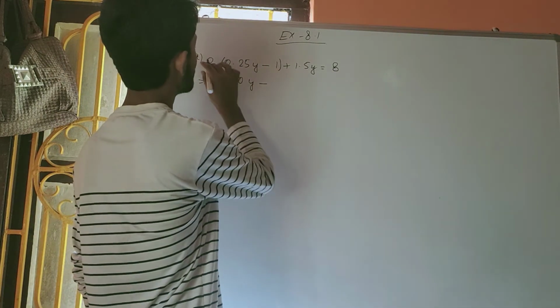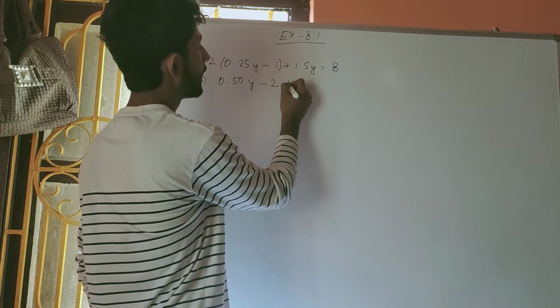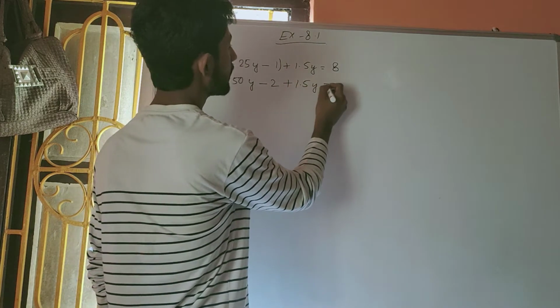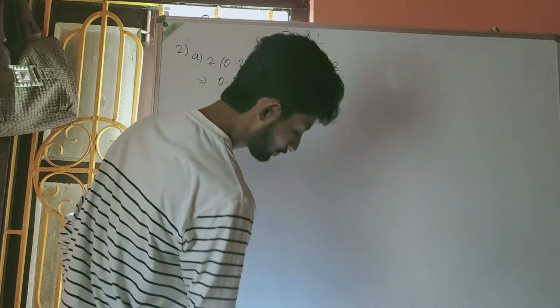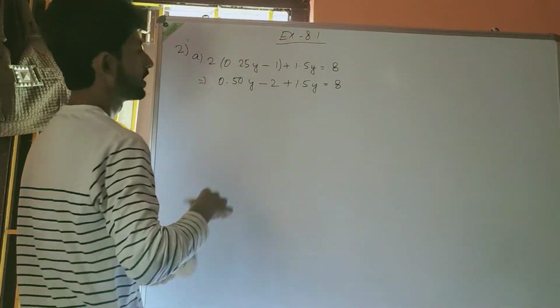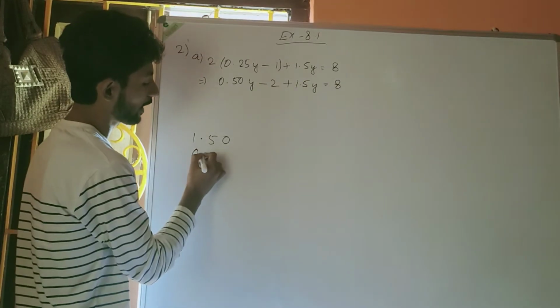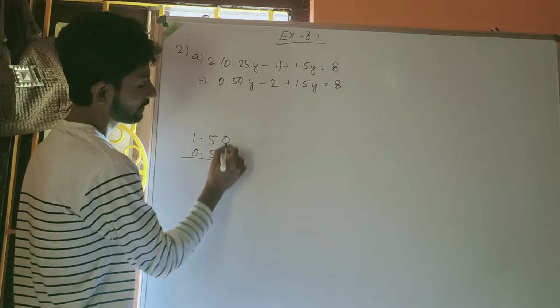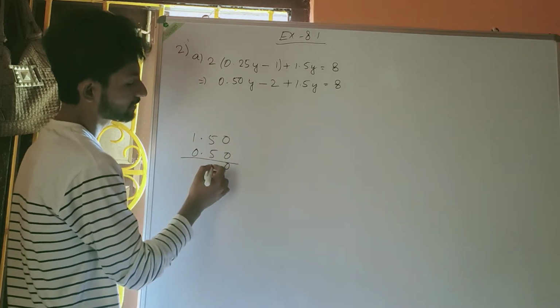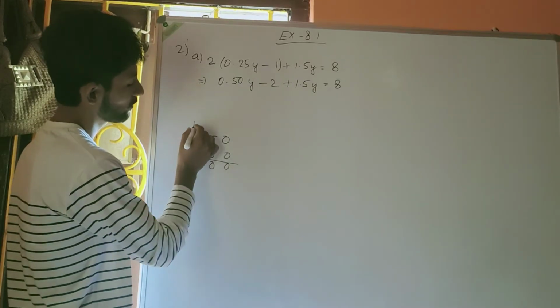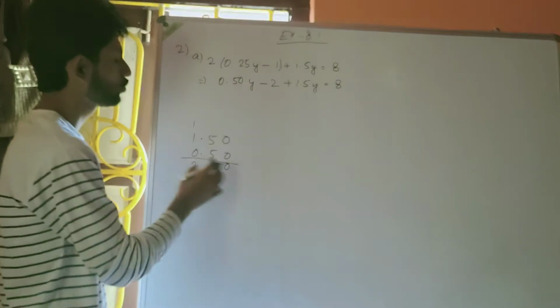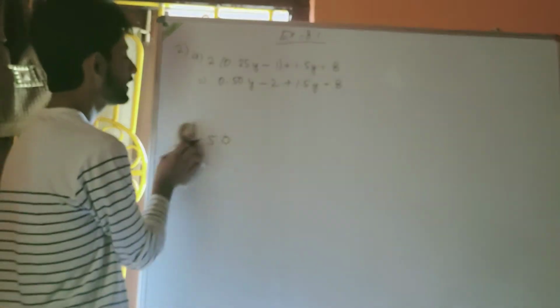Y minus 2 into 1 is 2, plus 1.5y equals 8. Now add 0.50 plus 1.5. 1.5 means 1.50 and 0.50. If you add them, 0 plus 0 is 0, 5 plus 5 is 10, 1 is carried, 1 plus 1 is 2. 2.00, that means only 2.